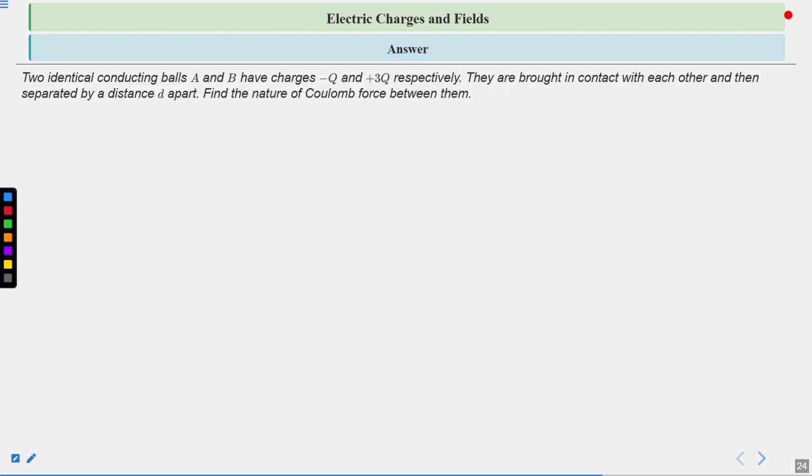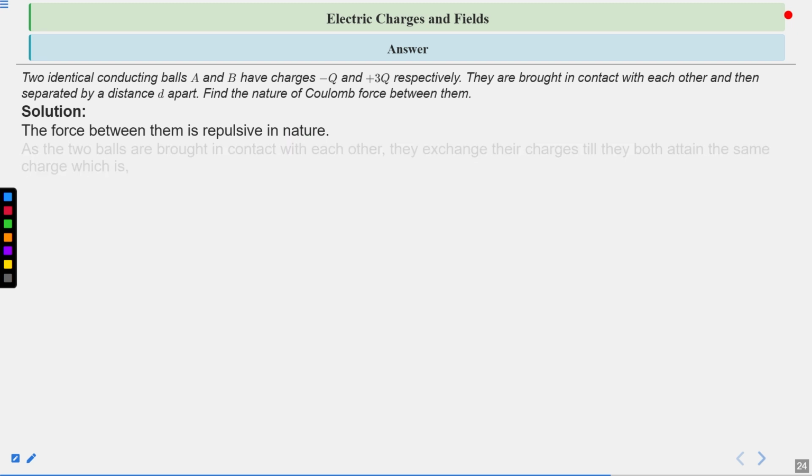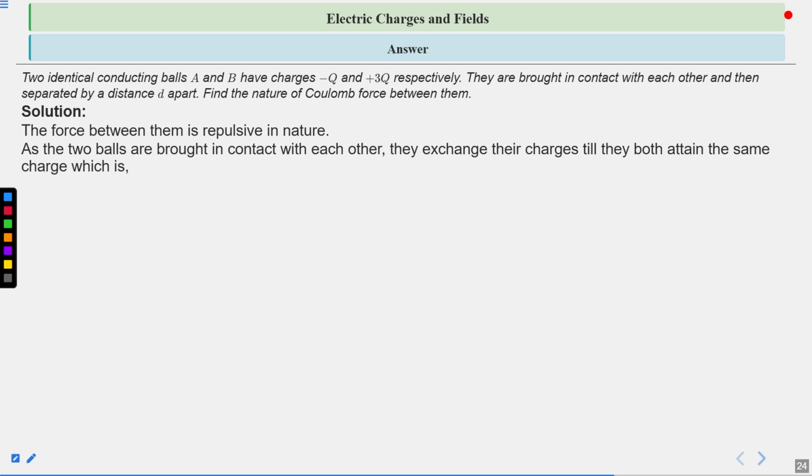So solution: The force between them is repulsive in nature. Why? As two balls, according to the question, are brought in contact with each other, they exchange their charges till they both attain the same charge, which is minus q plus 3q divided by 2.